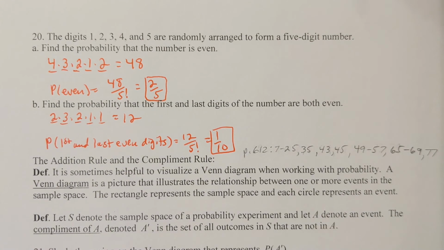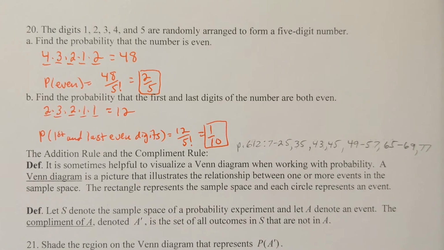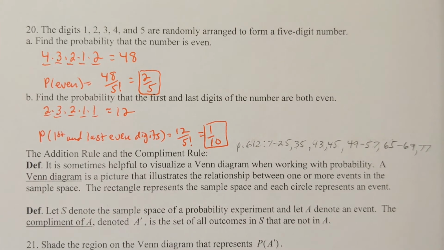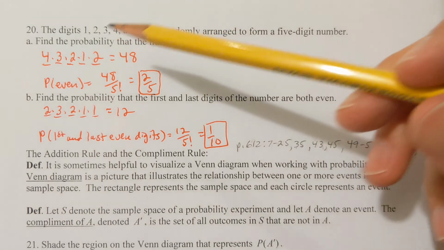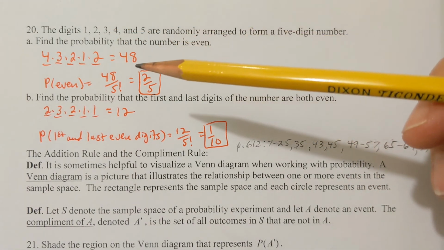Problem 20 says that the digits 1, 2, 3, 4, and 5 are randomly arranged to form a 5-digit number. Find the probability that the number is even. Okay, so for the number to be even, the number has to end in a 4 or a 2, right?